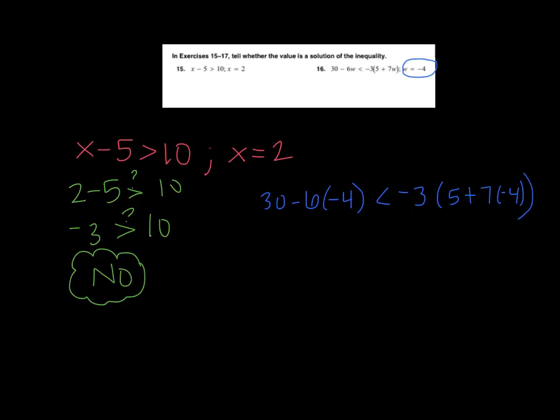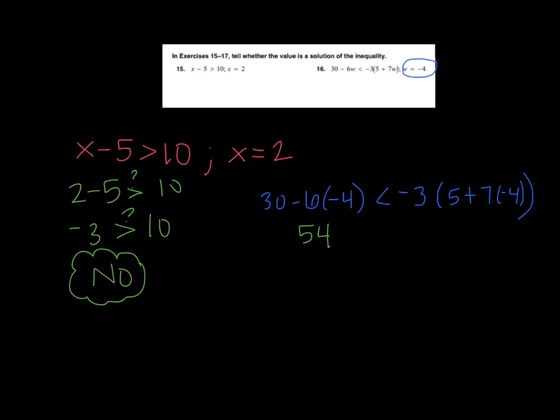So we know that negative 6 times negative 4 is 24. So we're wanting to know what is 30 plus 24, which would equal 54. Okay, so on this side I have 54. I just did 30 minus 6 times negative 4.